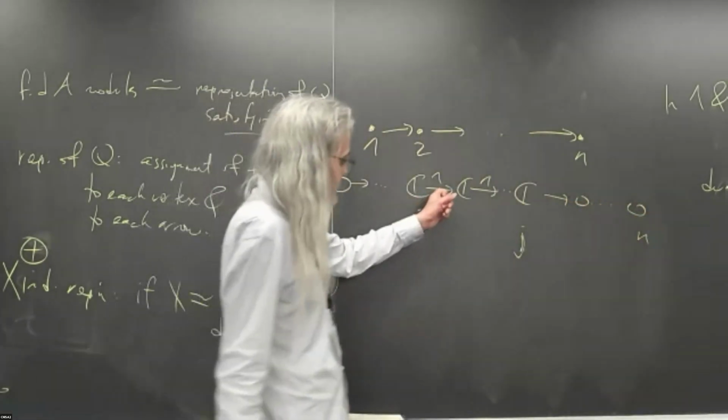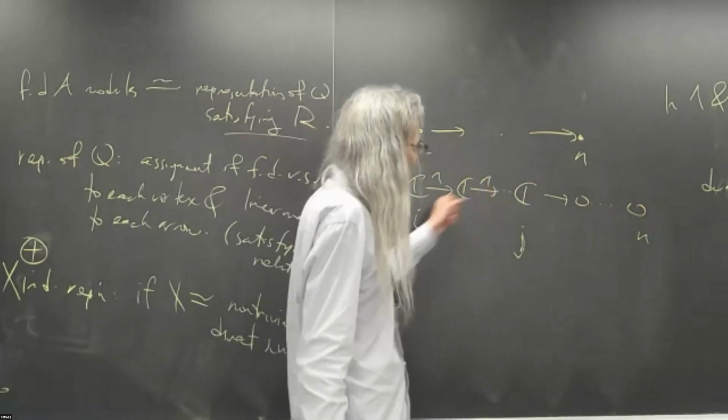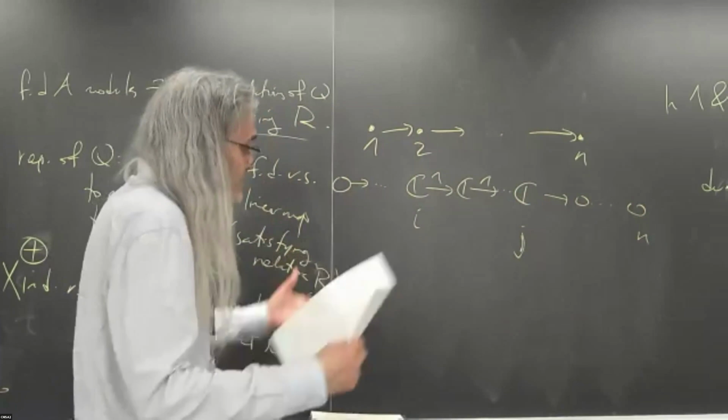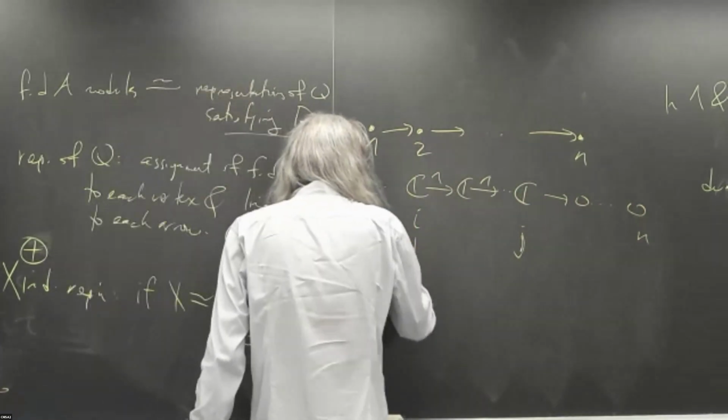I put say maps which are multiplication by 1 going between successive copies of C. It's pretty easy to convince yourself this is indecomposable.